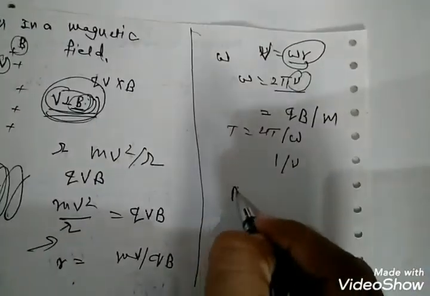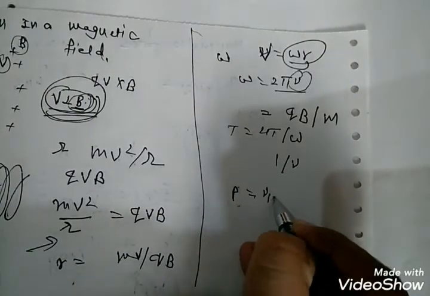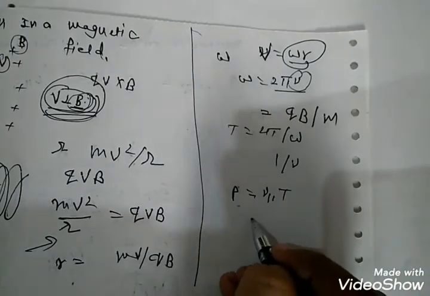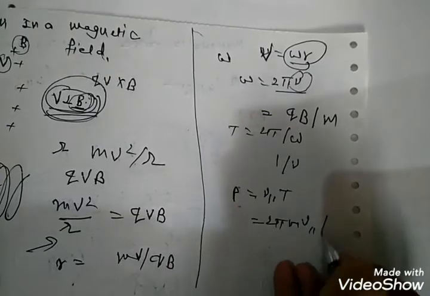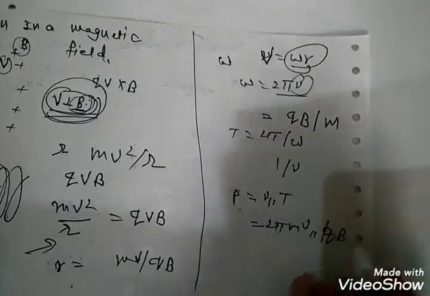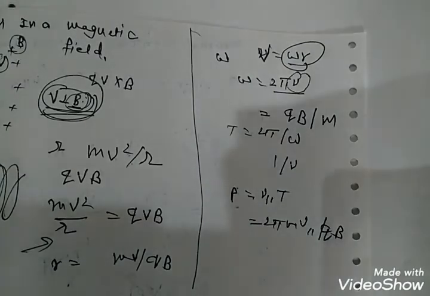So pitch p is equal to v parallel into T, which is 2 pi m v parallel upon q B. The radius of the circular component of motion is called the radius of the helix.